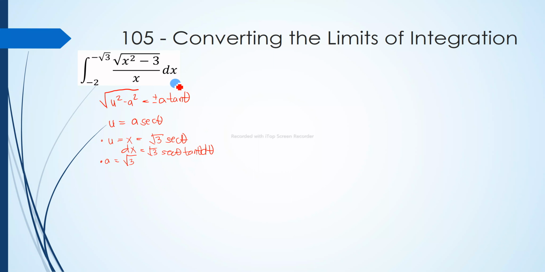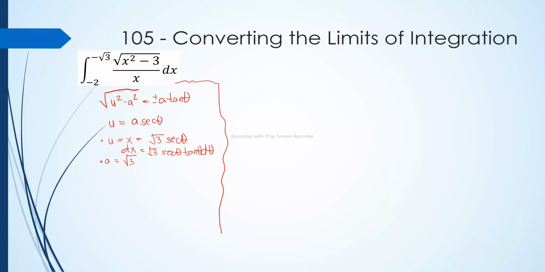Actually, we can test quickly the lower and upper limit in the variable theta, same thing as before. The lower limit is greater than pi over 2 but less than or equal to pi.